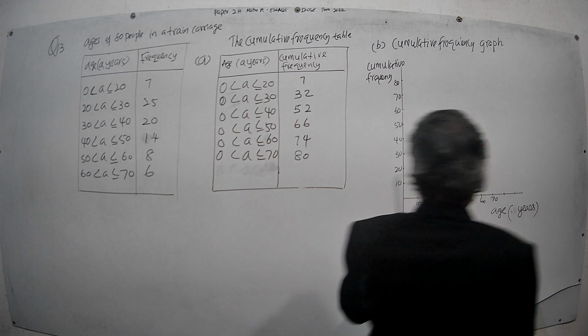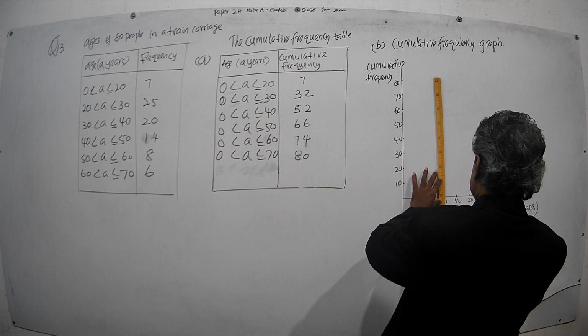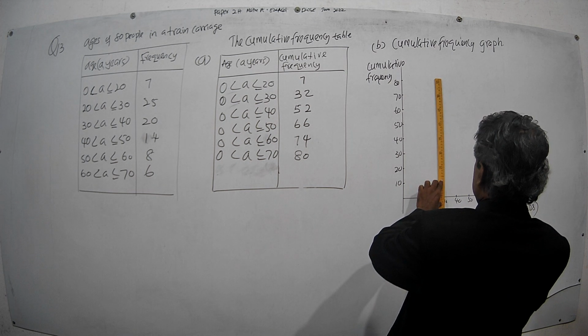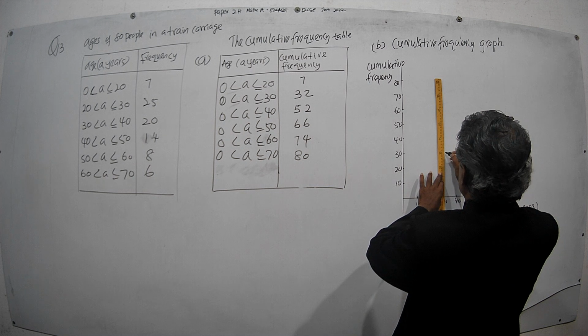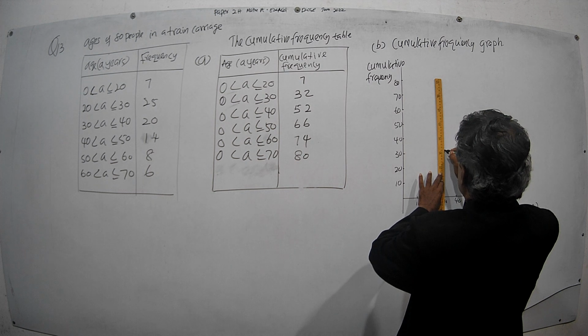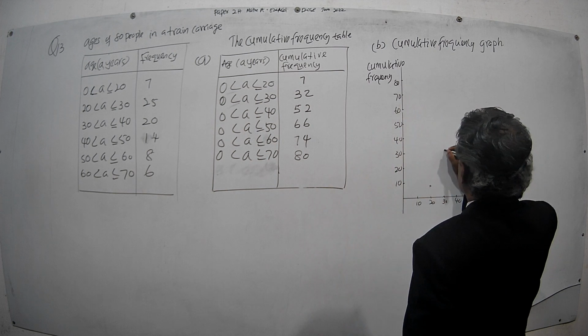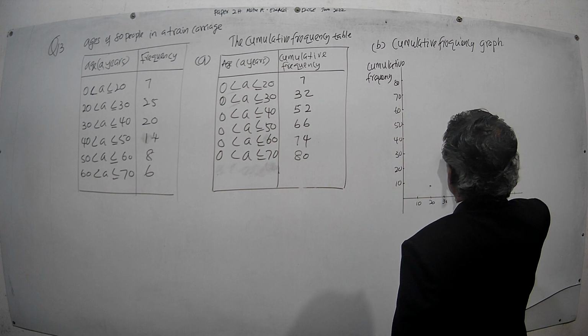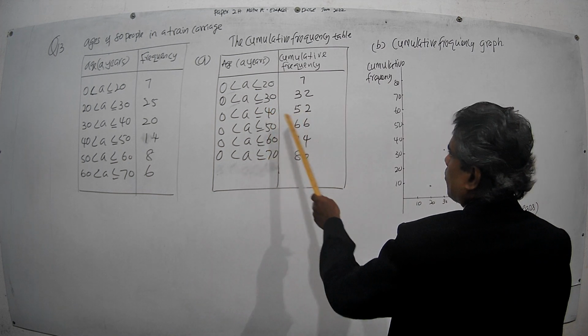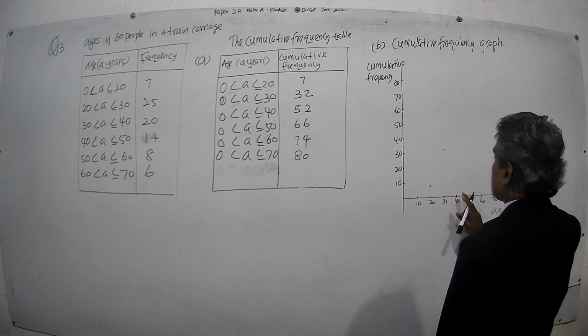30 and 32 we can mark like this. 30, 32 means something here. Somewhere here. Okay. Then 40 and 52. 40, this one.